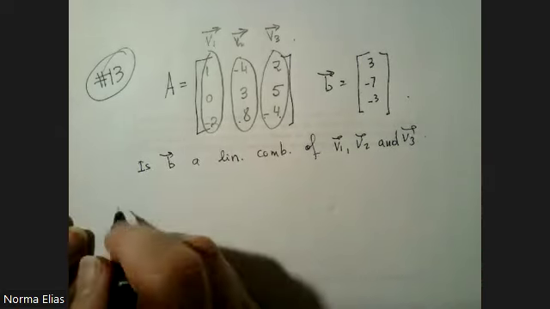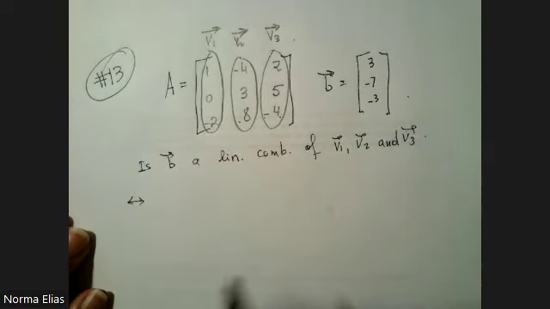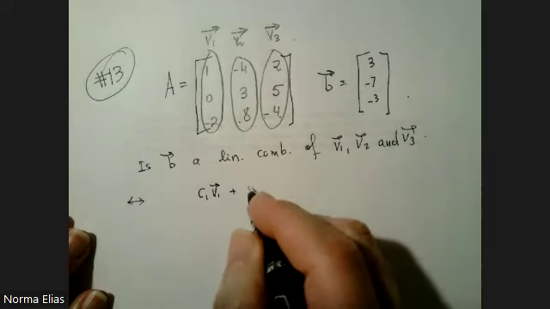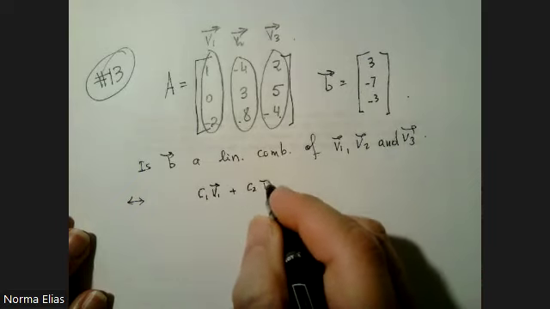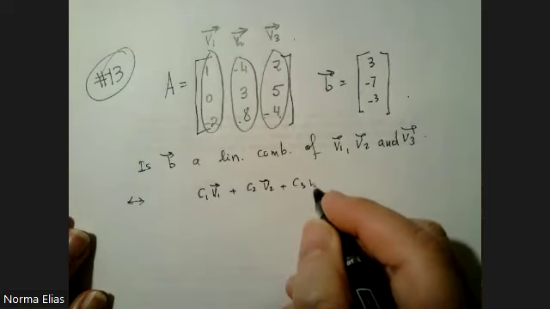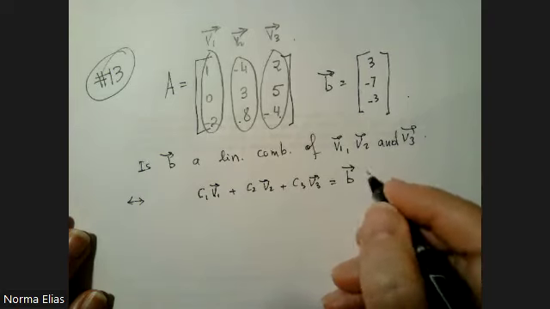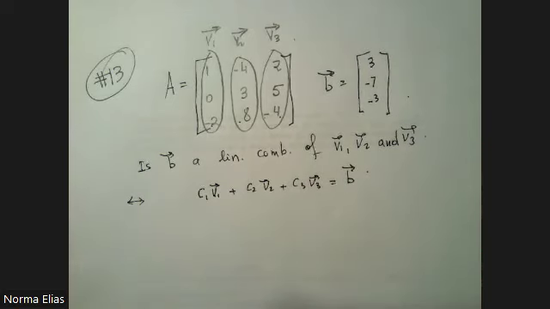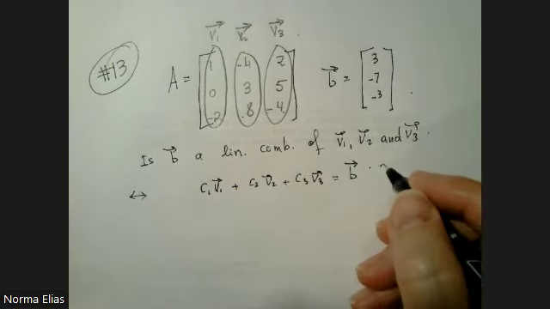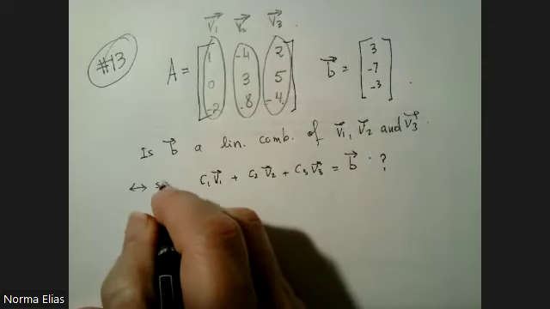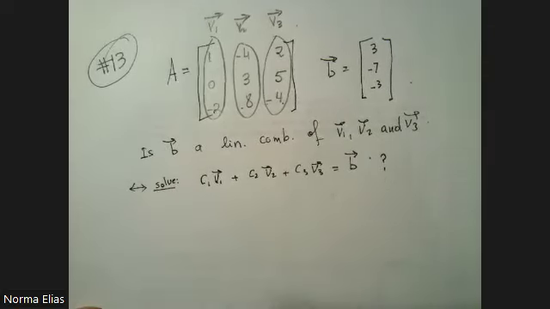It is basically equivalent to asking: can I put some weight on V1, and weight on V2, and weight on V3, so that the sum of this combination will give me the vector B? So this is really the question. I mean, is this possible? It's equivalent to solving this equation.